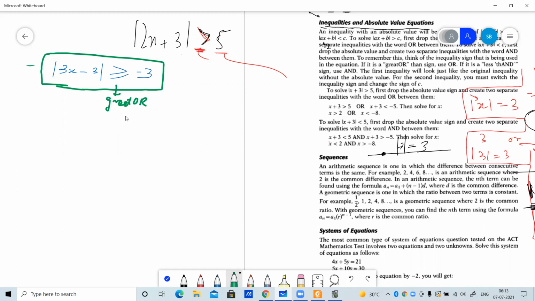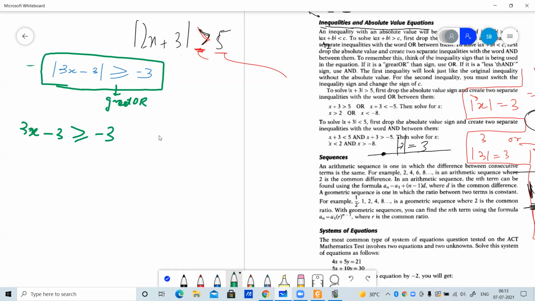But you will use the rules for greater than inequality as you did before. Equal to doesn't matter, it will remain there. The first inequality is 3x minus 3 is greater than or equal to -3, right? Yes.